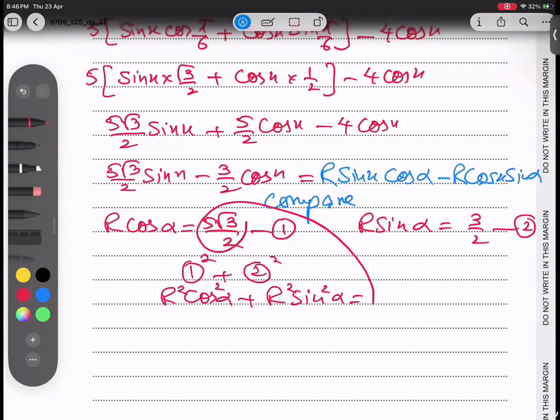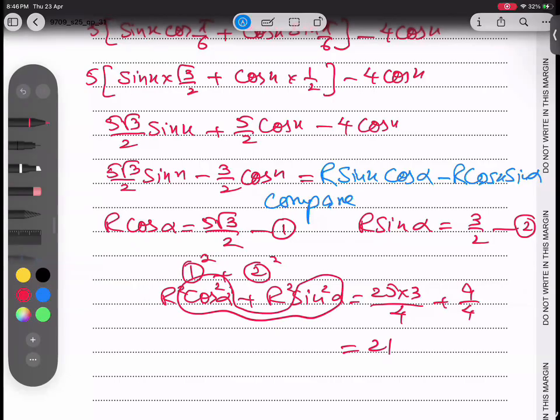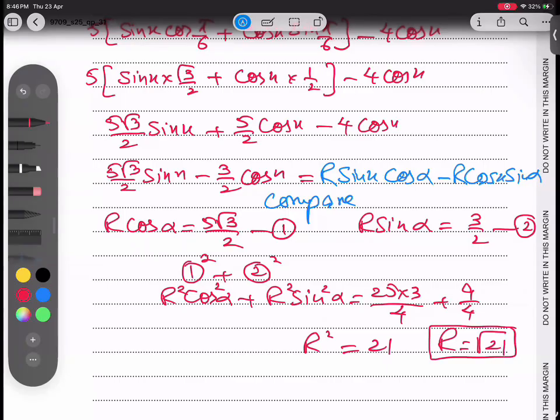And right hand side, the square of this number, so I got 25 into 3 over 4 plus here 9 over 4. That is 75 over 4 plus 9 over 4. I'm getting here 21. Do you know, students, r squared is common, inside cos squared plus sine squared, and that is equal to 1. So I'm writing r squared directly. So r becomes root of 21 without any hesitation and no need to work out further.